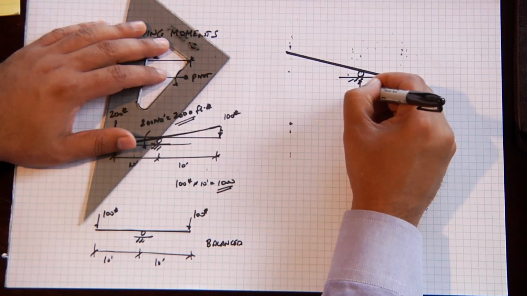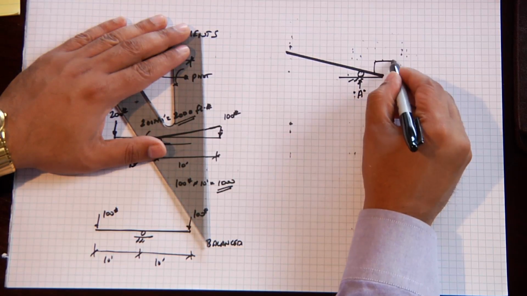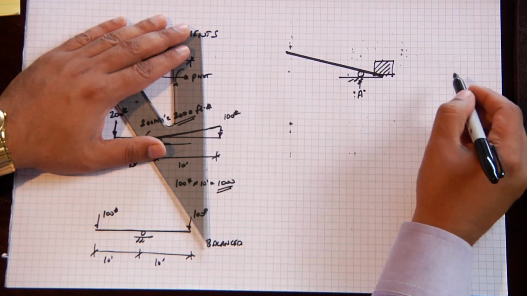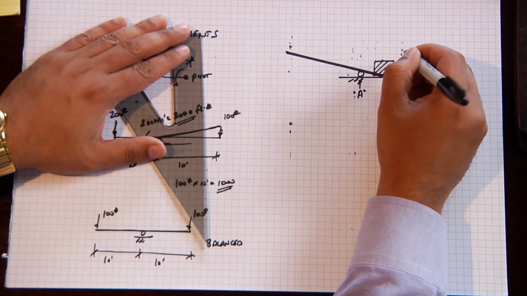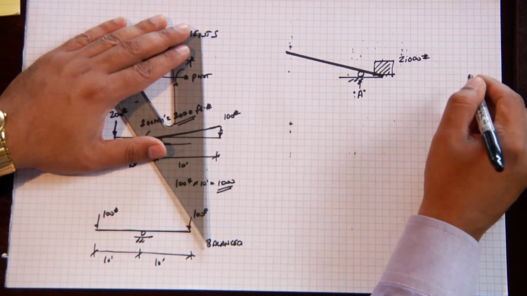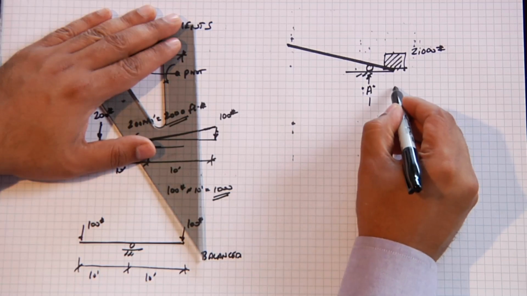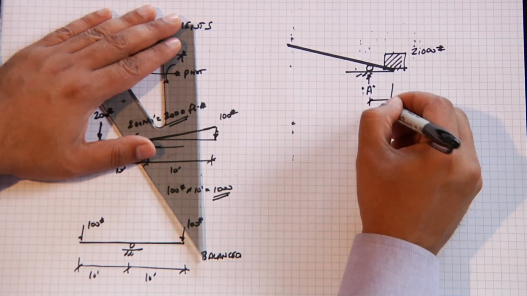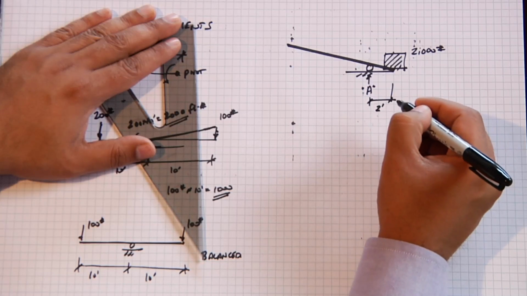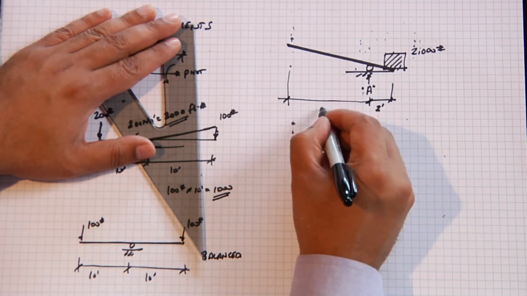We'll call this point A, and here's my beam, and we'll put a very, very heavy mass over here, and for right now we'll say that this mass weighs approximately 1 ton. We'll say it's a 2,000 pound mass. And we want to lift that mass up. And the distance from here to the center of that mass is, say, 2 feet. And the distance from here to the applied load, we'll say for right now, is 20 feet.